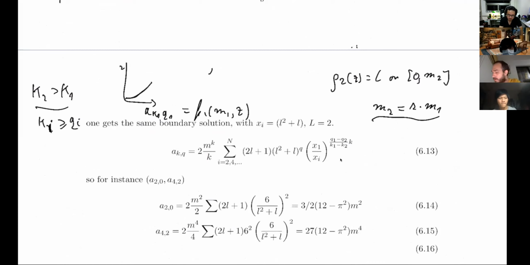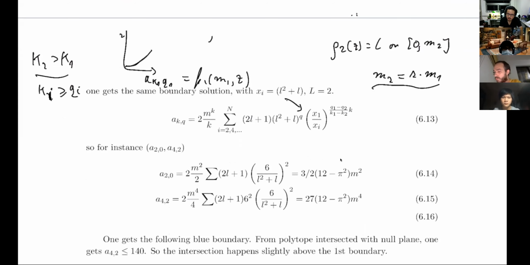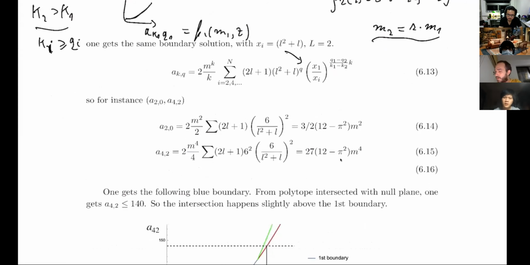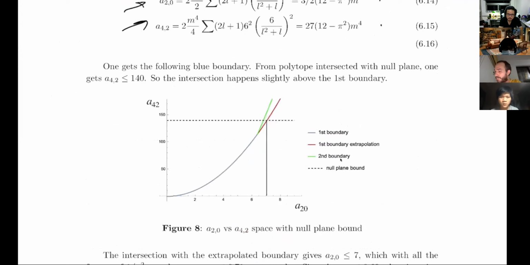You find that the boundary is given by the same type of solution, but now you use xi is L plus L, so it's just J squared. So then you just plug in the solutions into the A_K, you can do the integrals. For example, if you look at these two, you get just this. So that's a parabola, which is this thing.